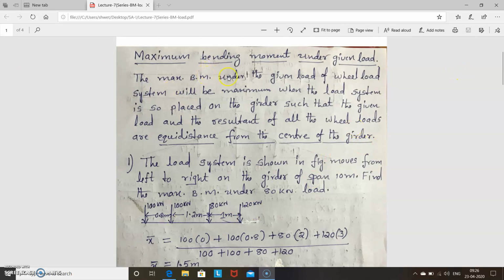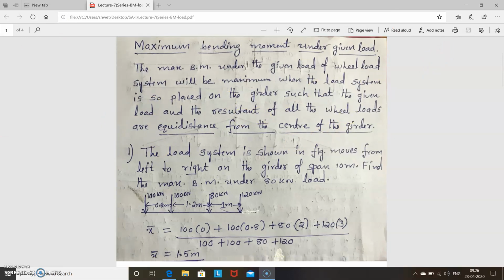So to find maximum bending moment under the given load, you have to remember this sentence. You remember this and apply it on the problem. We will see how to do the problem now.